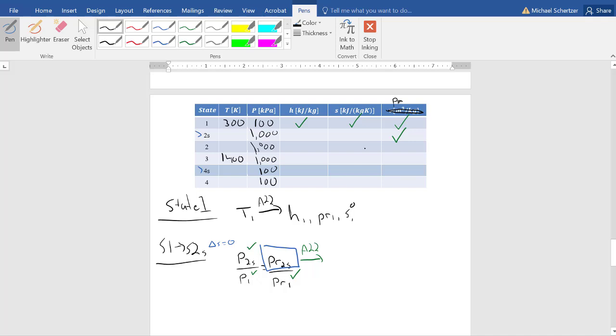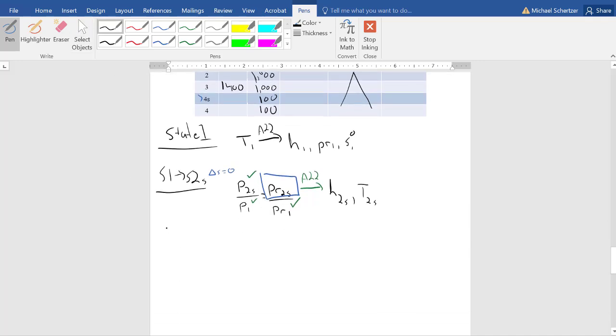Once I have Pr2s, I use this to interpolate on A22. From A22, I'm going to take this right off the table. I'm going to use table A22 and interpolate to find h2s, and then also interpolate here to find T2s.